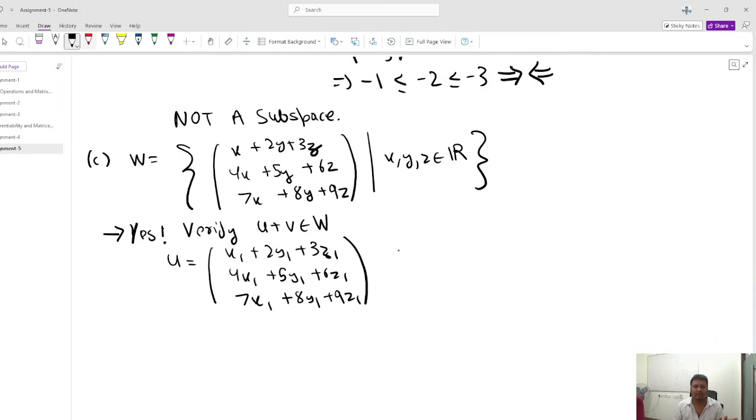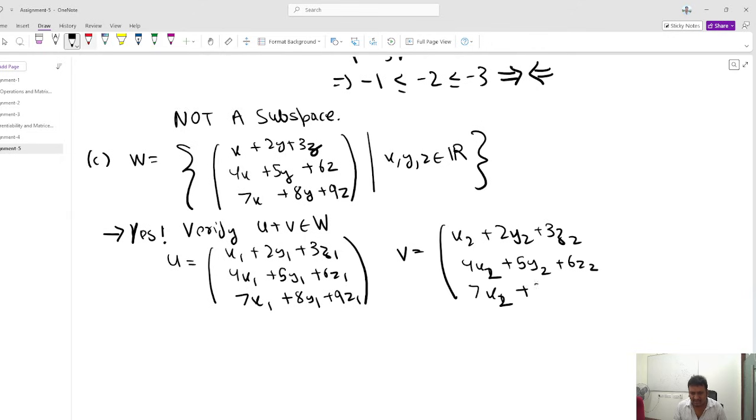This is how a point looks like. And what is v? Some (x2 + 2y2 + 3z2, 4x2 + 5y2 + 6z2, 7x2 + 8y2 + 9z2).